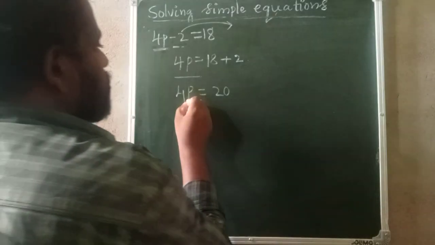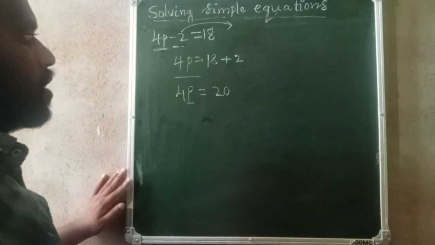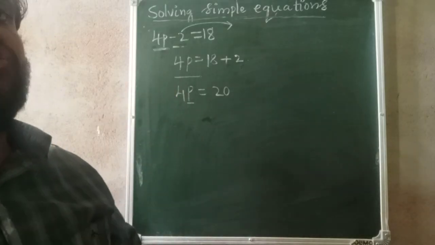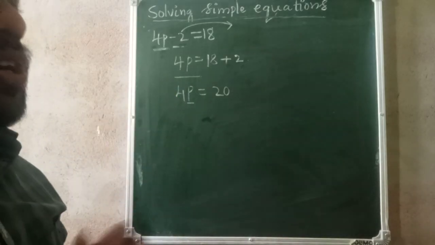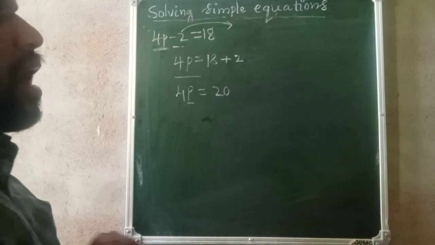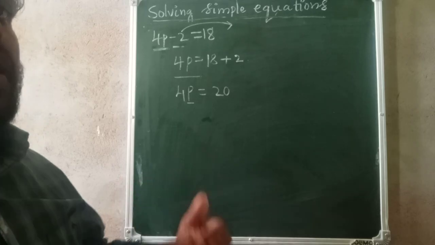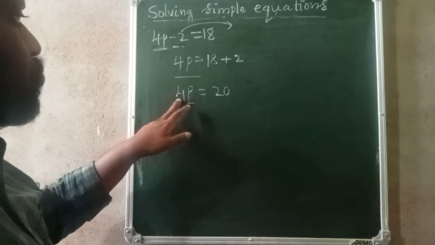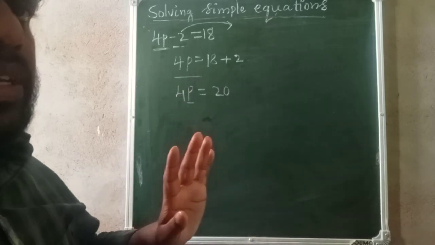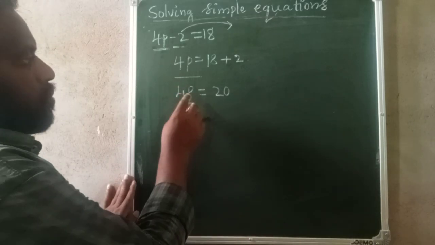Now we want p, we don't want 4. You cannot simply erase 4. If you simply erase it, you get a wrong answer. For that, we have to multiply or divide by the same number 4. If you multiply, it will be 4 into 4, 16, and we don't want any number here. So you can divide.